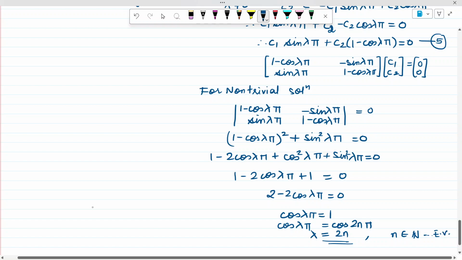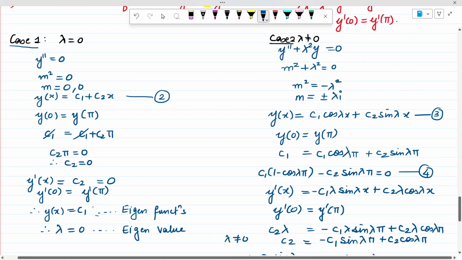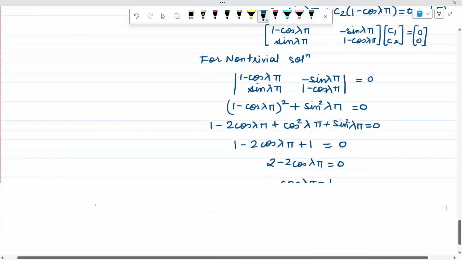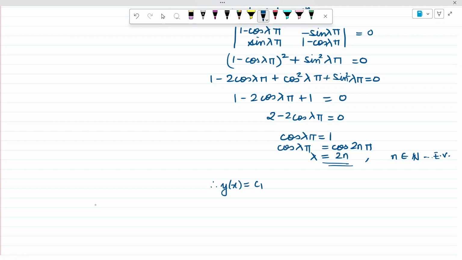And the corresponding eigenfunction, I'll get it from equation number 3. In equation number 3, I'll substitute 2n there. That would give me C1 cos 2nx plus C2 sin 2nx.